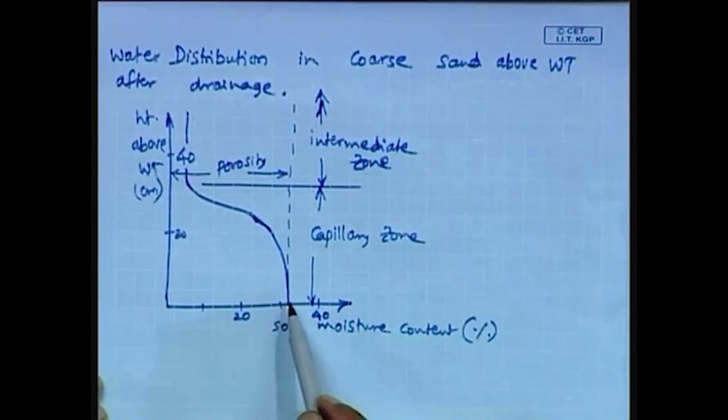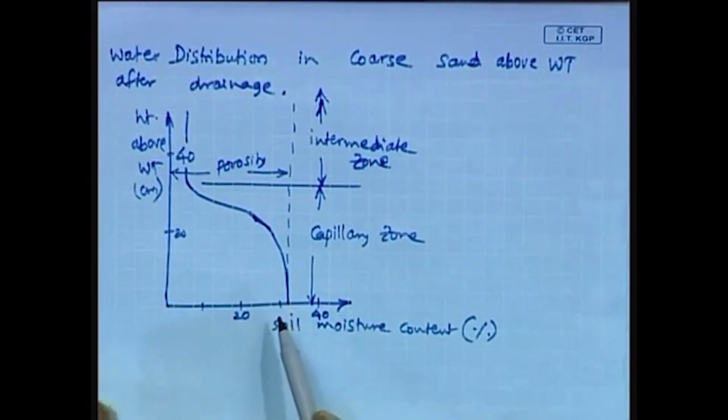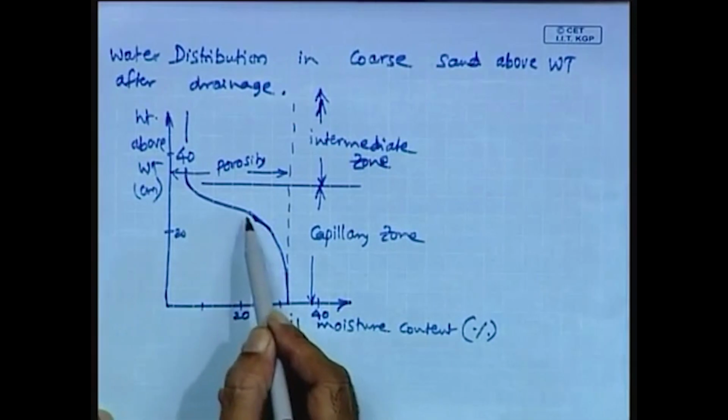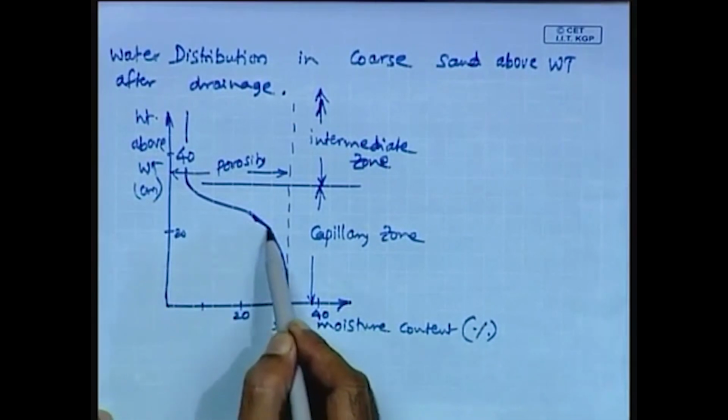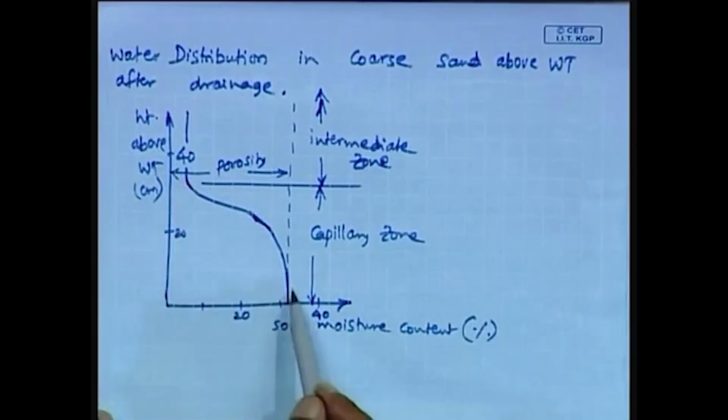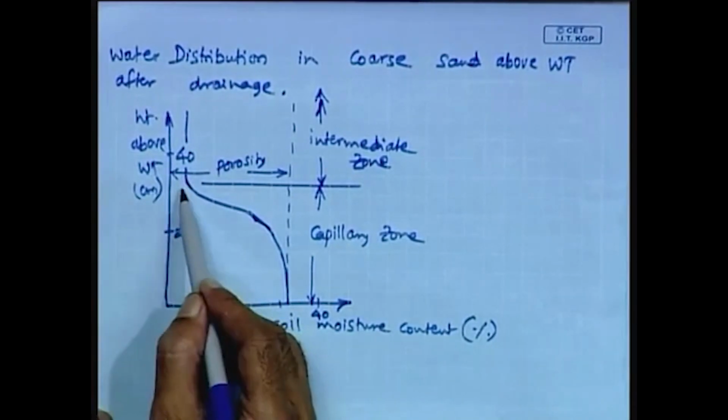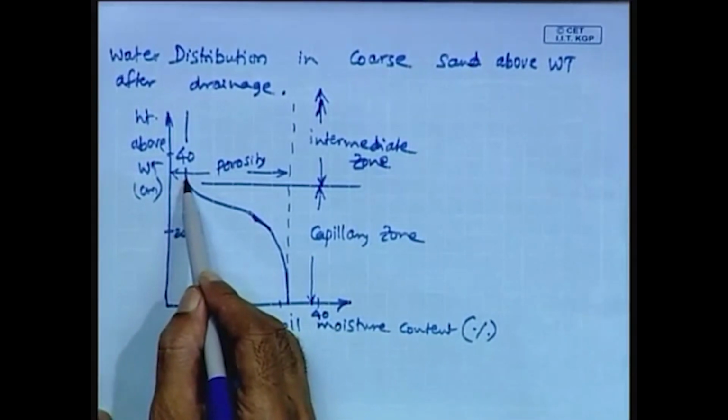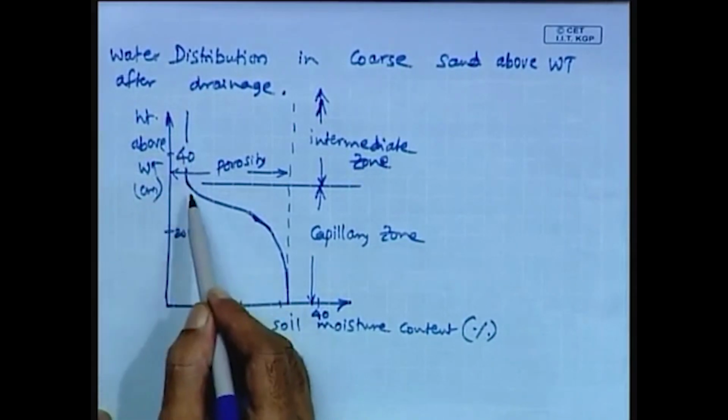just at the water table level, the moisture content is exactly equal to the porosity, and as we go above the water table, the moisture content goes on decreasing, as you can see from here. When we reach this intermediate zone, the moisture content represents only the hygroscopic water.